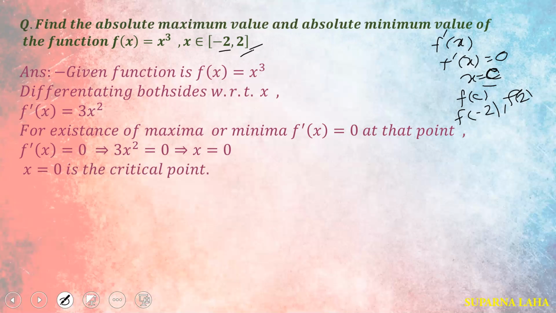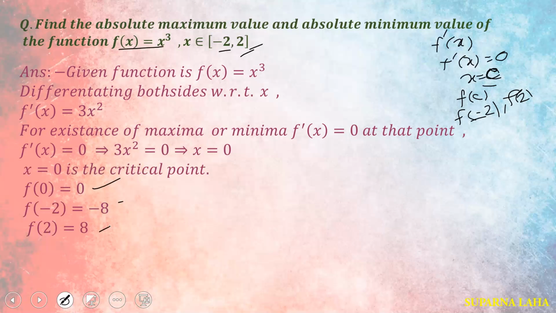Let's check the functional value at the critical point. Put x = 0 in f(x) = x cube, the value is 0. Put x = -2, that is -8. Put x = 2, that is 8.